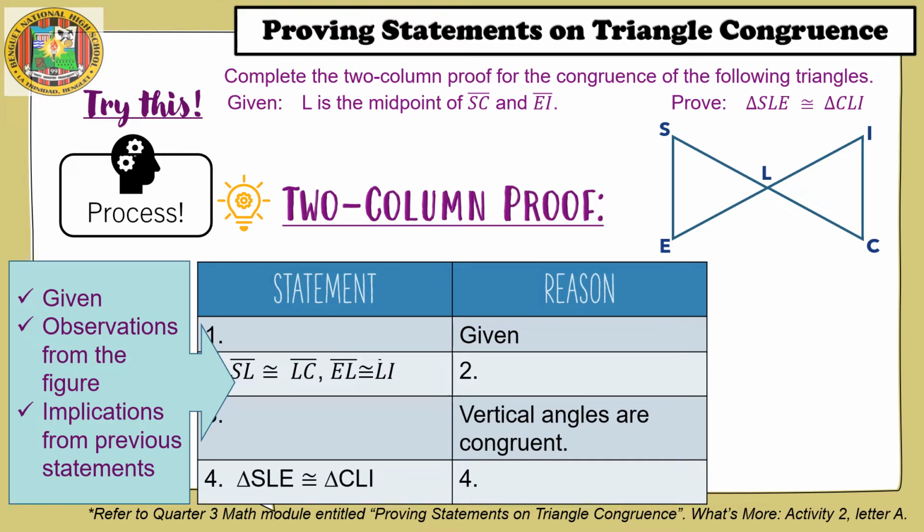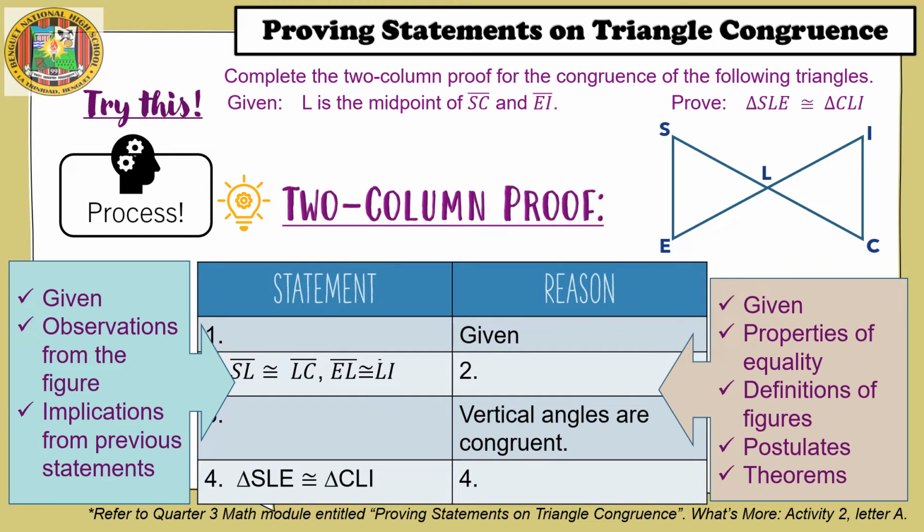Under the reason column, we write reasons to support our statements, namely that they are given, they follow properties of equality or congruence, they exemplify the definitions of geometric figures, or they satisfy postulates or theorems.